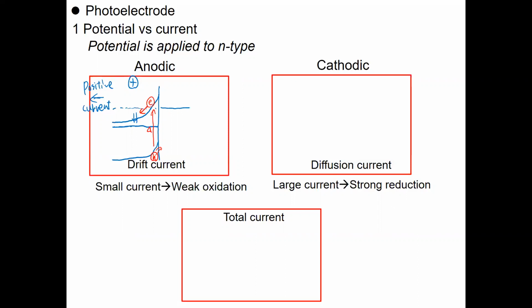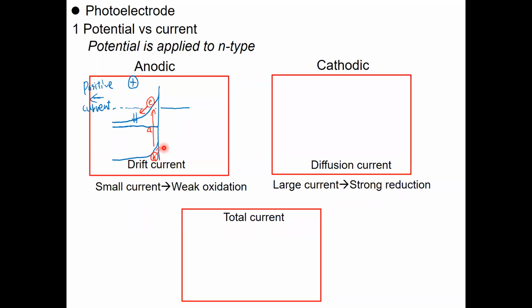So in this case, you could see there's not so much diffusion current. Diffusion current goes the opposite way. So only the drift current is possible by thermal excitation.